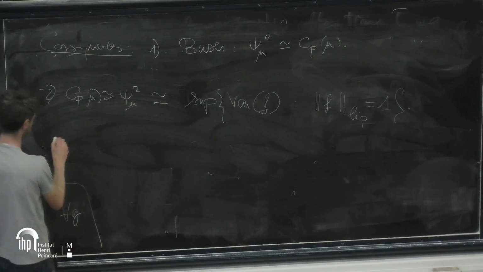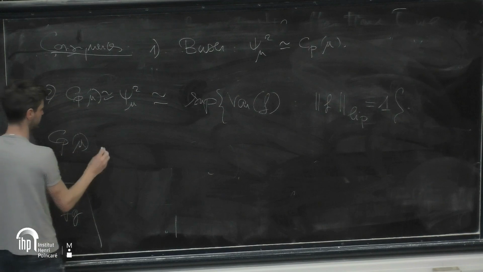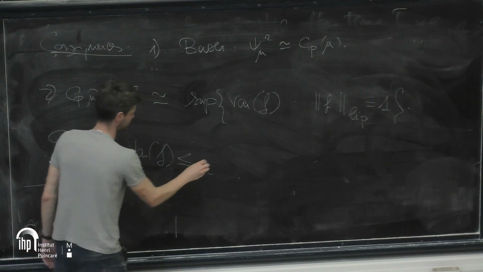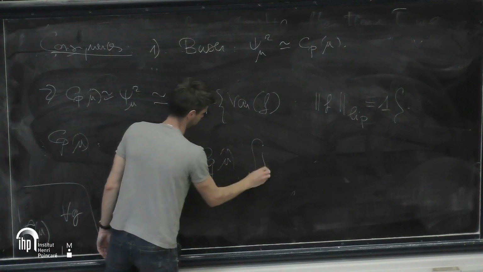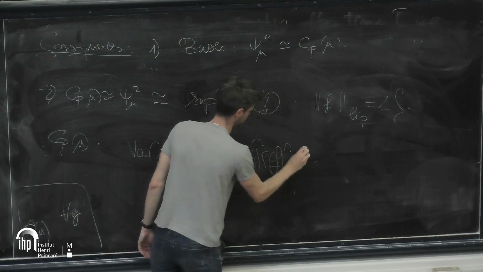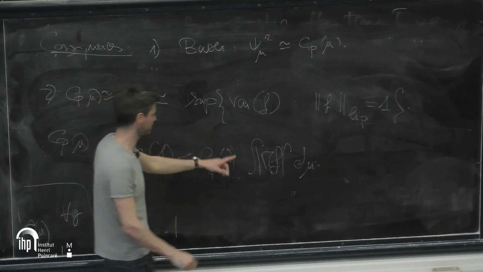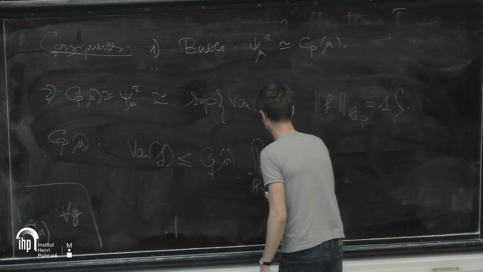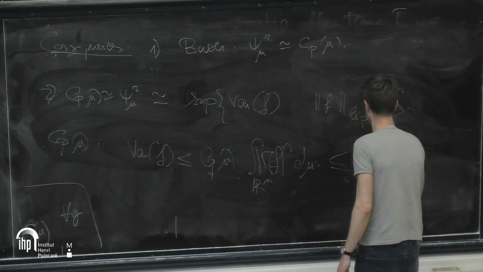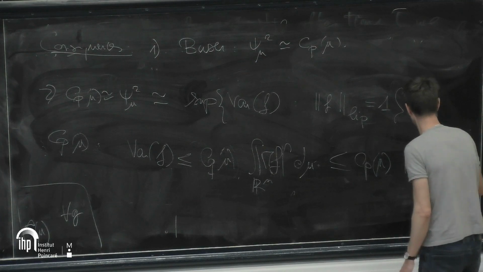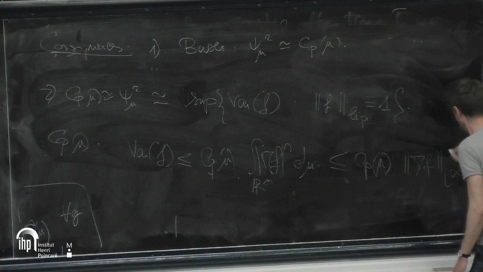I mean, okay, C_P of mu is the best constant in: variance of f is less than C_P of mu times the integral of the gradient of f squared d mu. What I'm saying here is that actually you can replace this by the L infinity norm of the gradient.